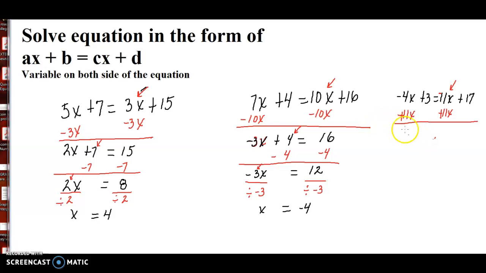Okay. So therefore, I would have here 7x plus 3, and the only thing left on the right-hand side of the equation is 17. Okay, let me get that little mark out of the way there.